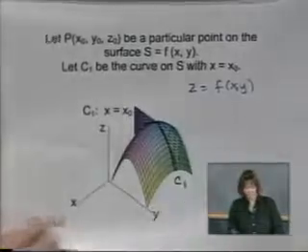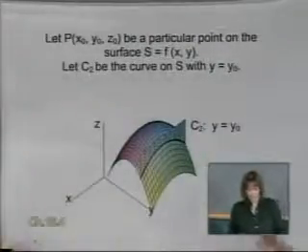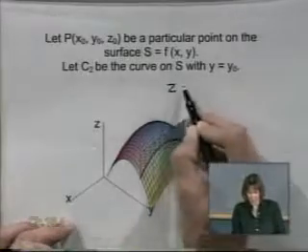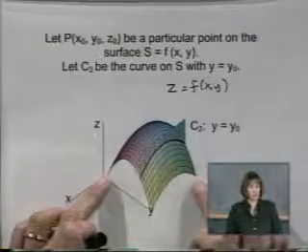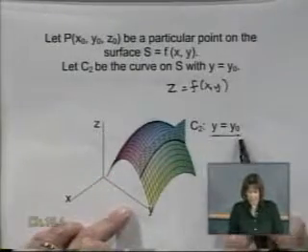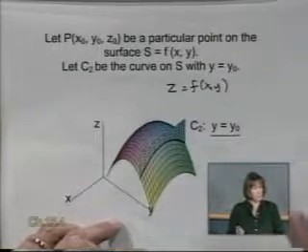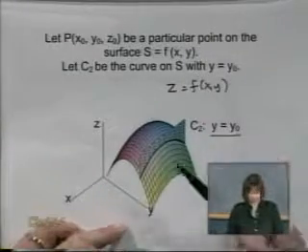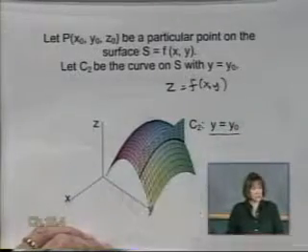Now I'm also going to look at the same surface, z equals f of x y. Again, I had Maple draw the surface and the plane y equals y naught. As you can see, the points on the surface for which y is constant form this very nice curve, which I will call C2.